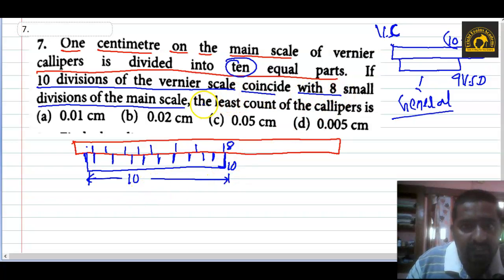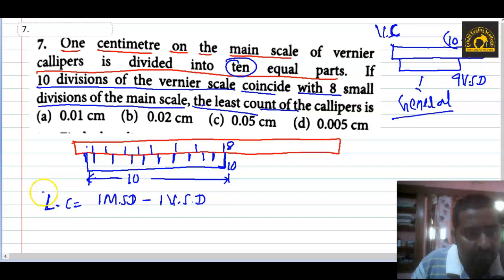So what is the least count of the vernier calipers? We know the formula for least count is 1 main scale division minus 1 vernier scale division.